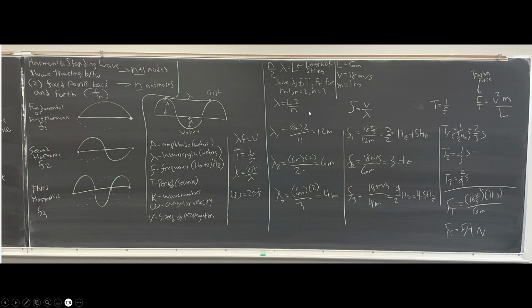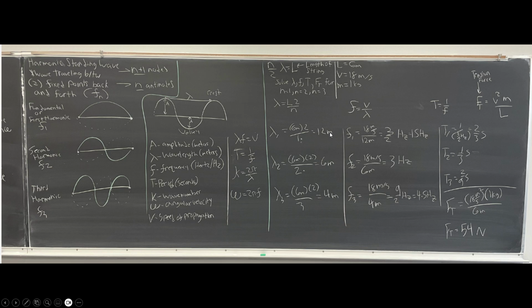Well, rearranging our equation, wavelength equals 2 times the length over the harmonic number, or L times 2 over n. Lambda 1, the first harmonic wave, will be 6 meters, the length, times 2 over the harmonic number 1.